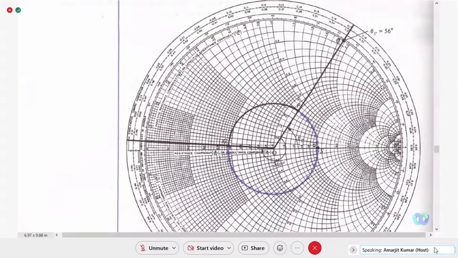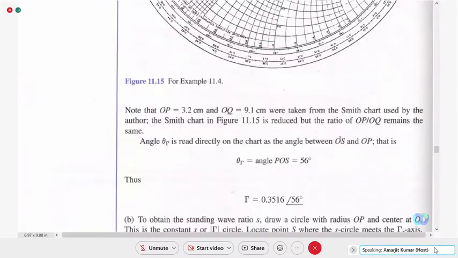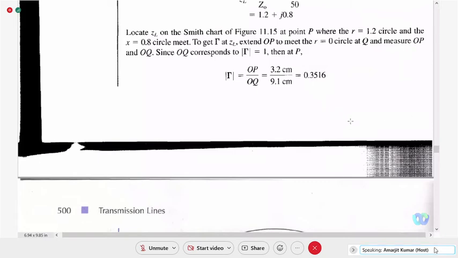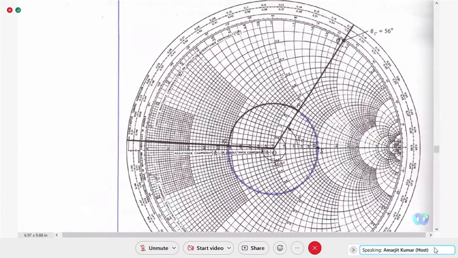So the magnitude of the reflection coefficient at the load will be equal to OP by OQ. You can measure that using a scale: 3.2 centimeter by 9.1 centimeter. So this is 3.2 centimeter and here it is 9.1 centimeter, OQ.